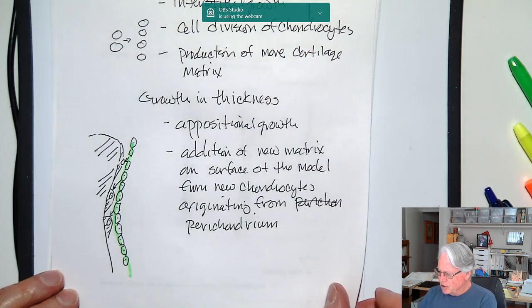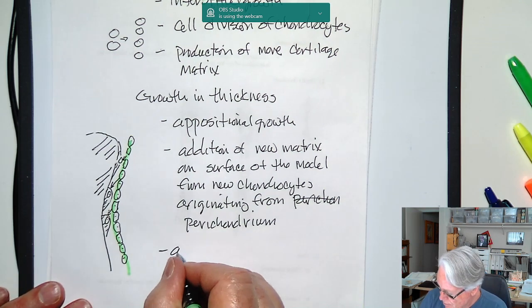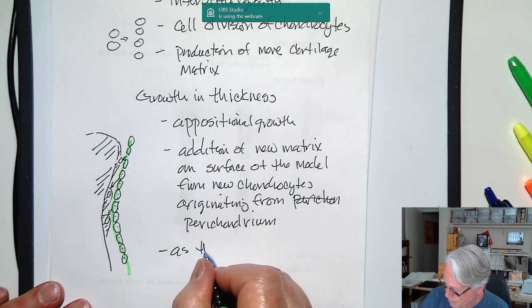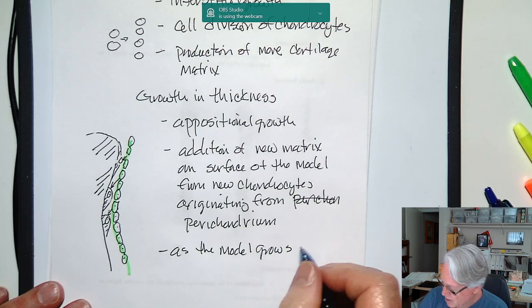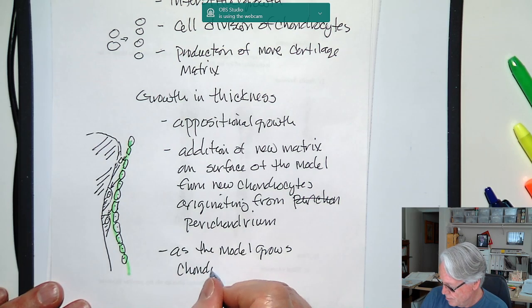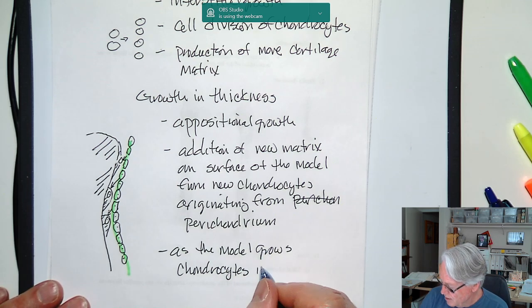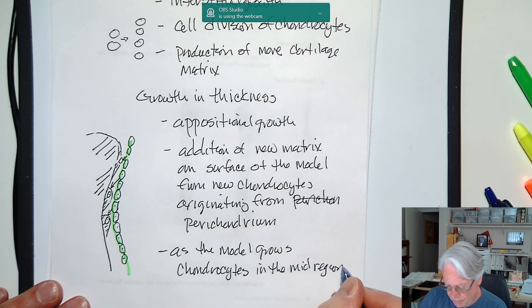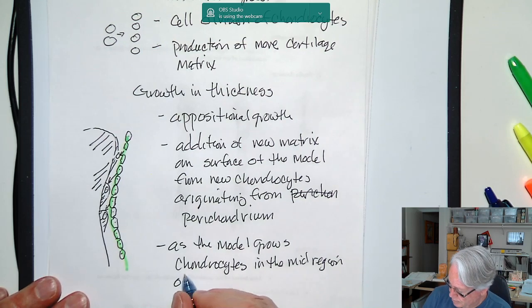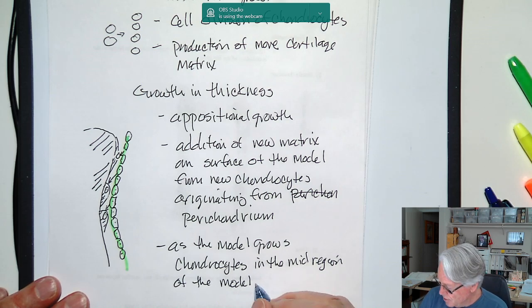All right, so the addition of new matrix on the surface of the model from new chondrocytes originating from the perichondrium. Okay. As the model grows, chondrocytes in the mid region of the model enlarge.